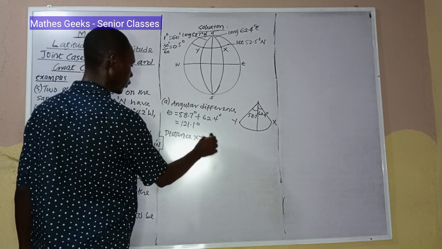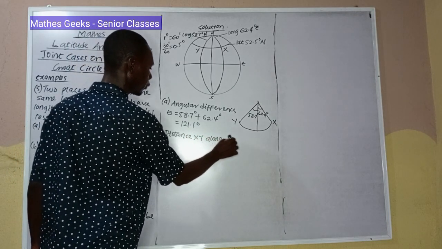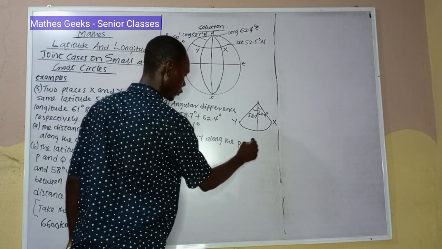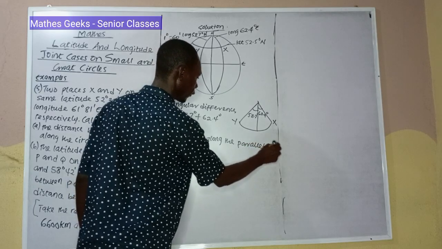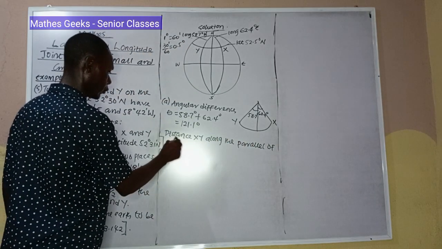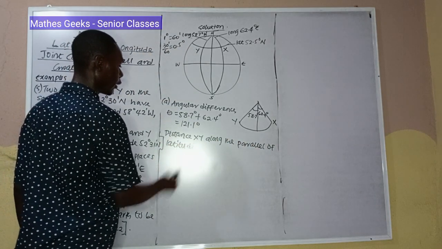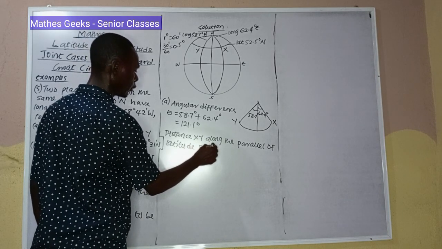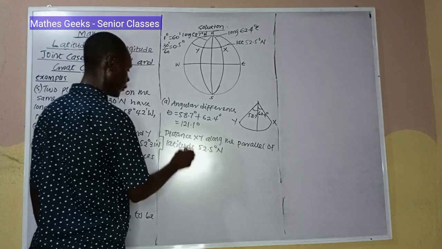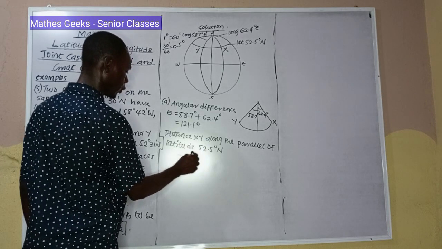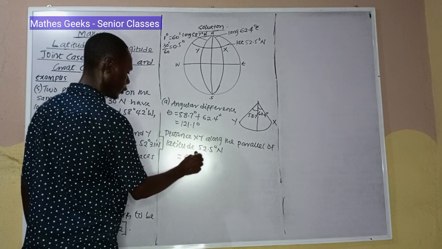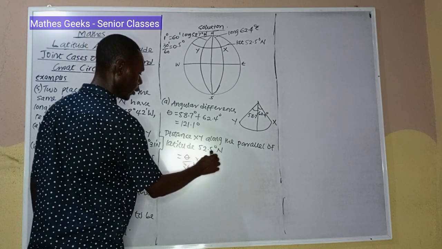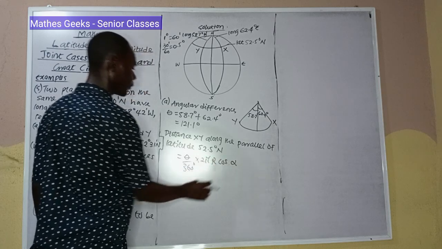Okay, so the distance X, Y along the parallel of latitude 52.5 degrees north is equal to theta over 360 degrees times 2 pi r cos alpha.